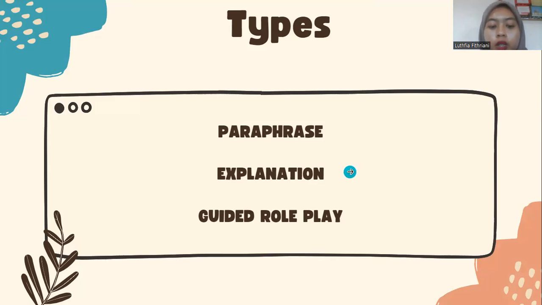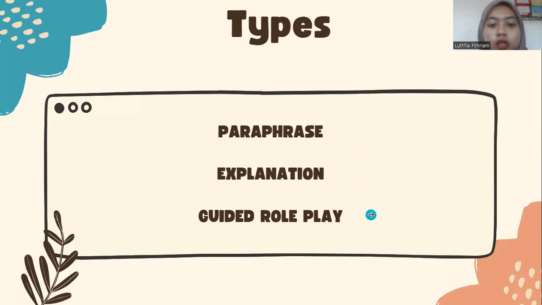The second is explanation. Explanation in speaking test can be done by the teacher asking the student to read a passage, and after that, the student should retell about the passage that has been read.